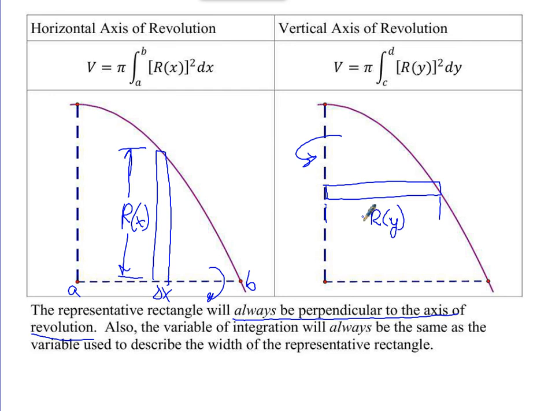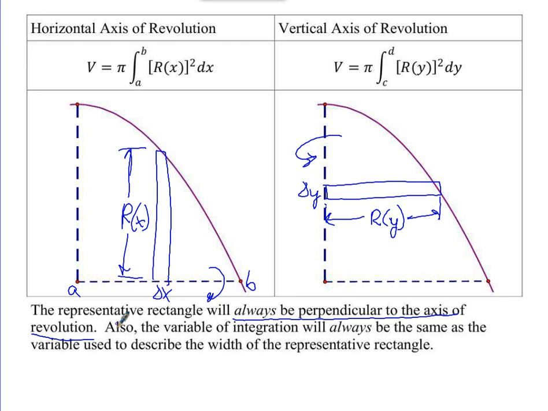It's a function defined in terms of y. And my delta x is not delta x anymore. It's delta y. So you have to keep that in mind. With the disk method, that horizontal representative rectangle, if you draw that rectangle in there, it will remind you that you have to be delta y, and therefore your function has to be in terms of y before you set up your integral.